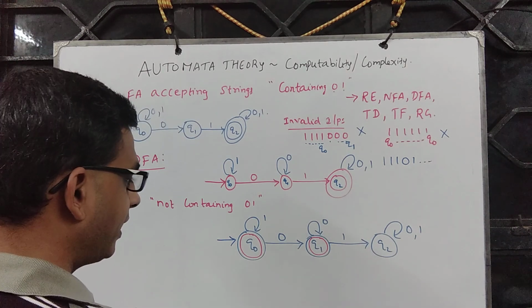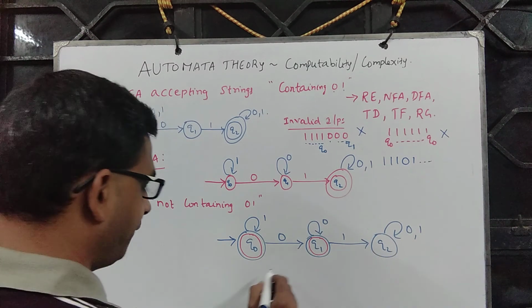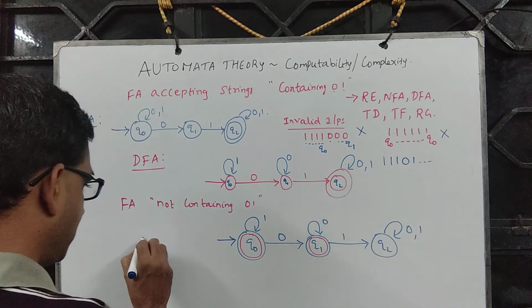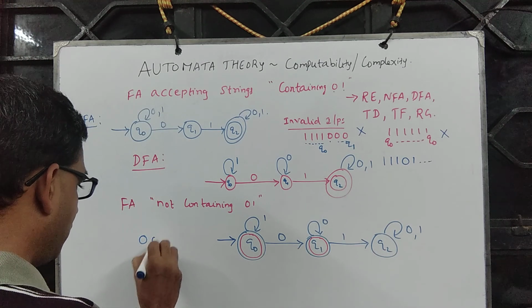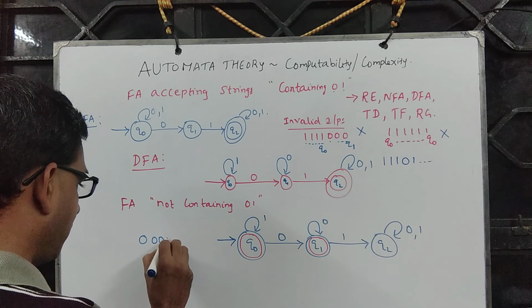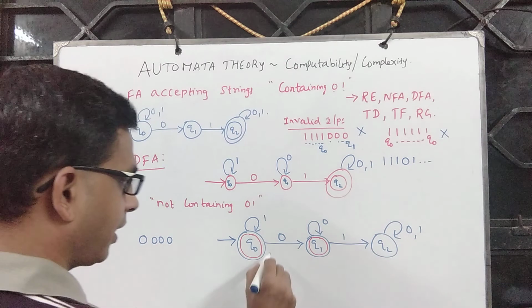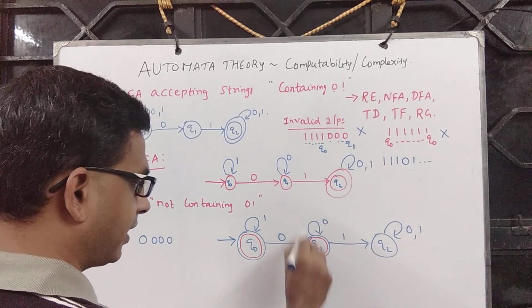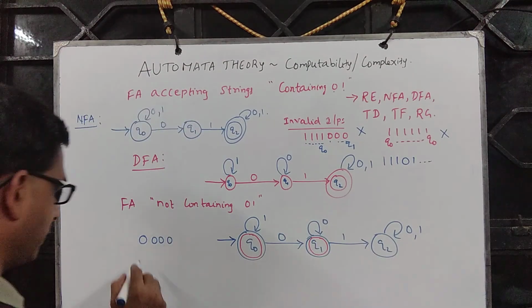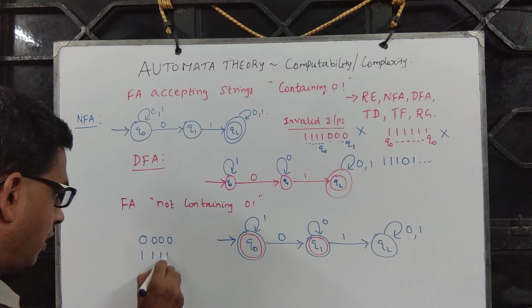Now you see that, say, look at 0, 0, 0, 0. The first 0 takes me here, and then I start accepting many zeros through this, and then all ones.